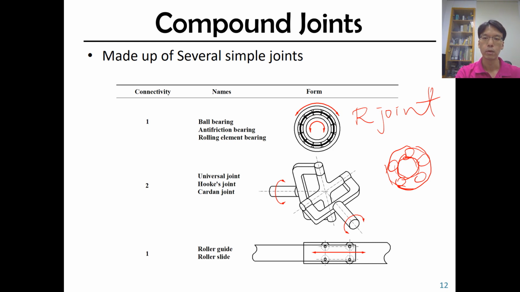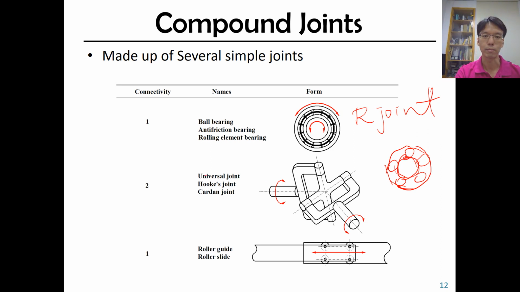But with this ball bearing, it's not the regular R joint, but it works like an R joint. It basically uses balls to assemble a new R joint. So we call this type of joint a compound joint.